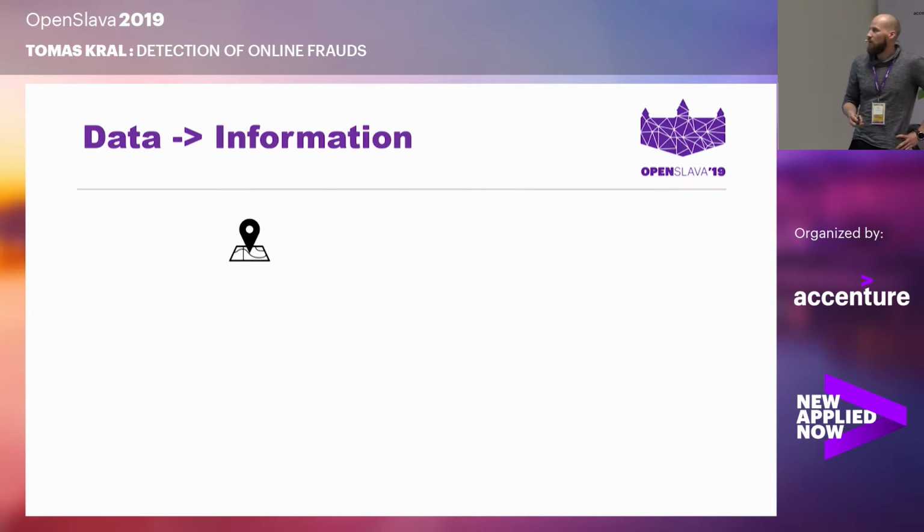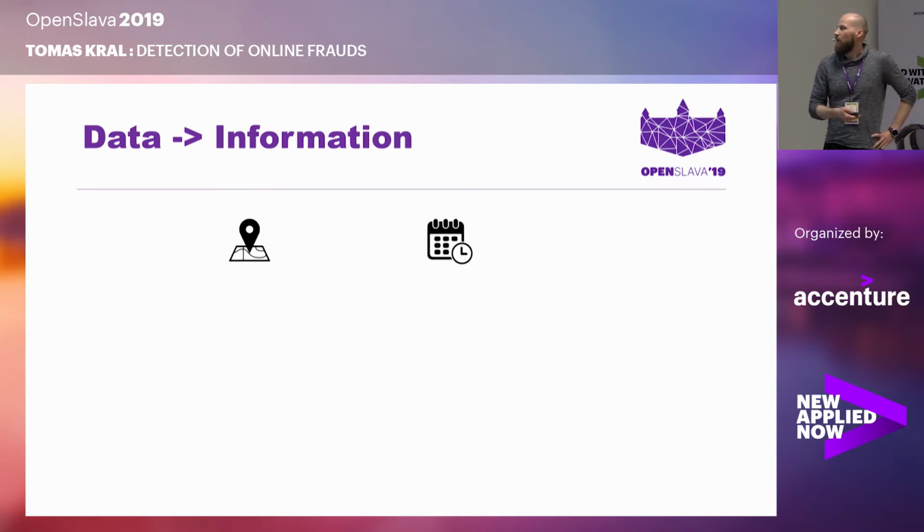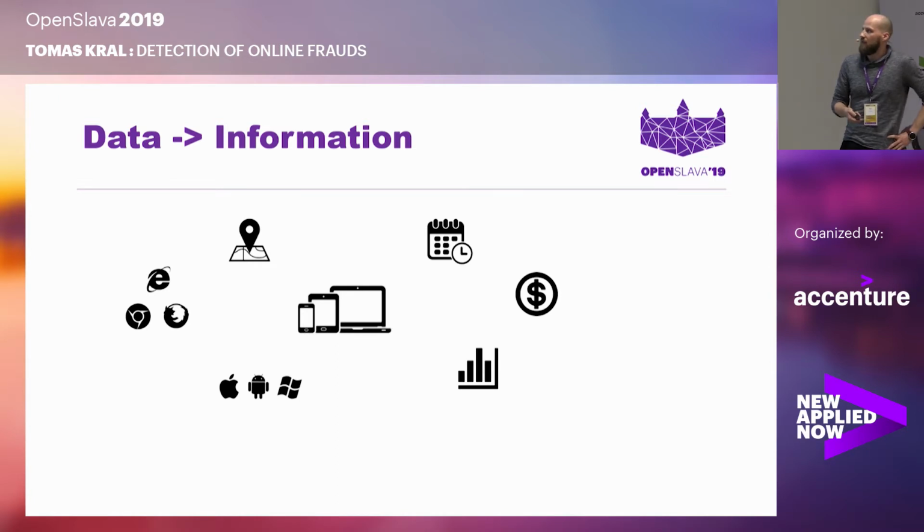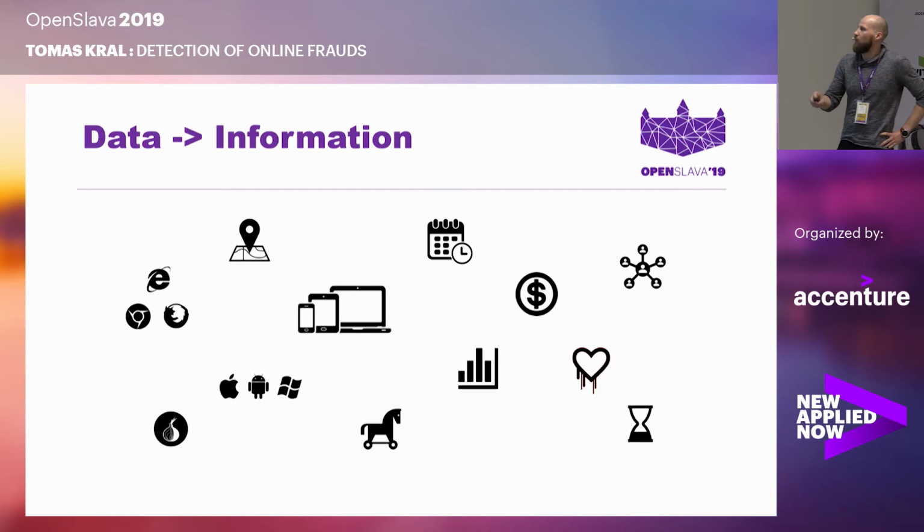How often he travels, where he travels, when he usually logs into his account, when he usually pays, what average sum he usually pays, what his spending patterns are, and a lot of other data like what device the user uses, what browser or operating system, etc. We need more and more data to analyze user behavior and create the model according to this data to stop frauds.